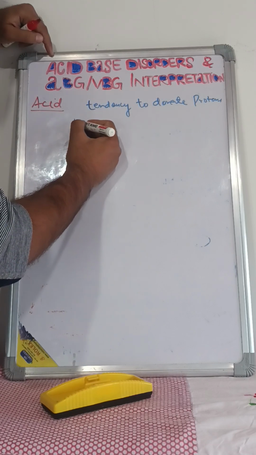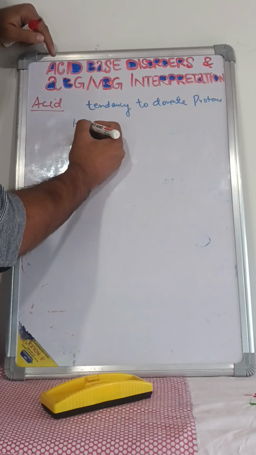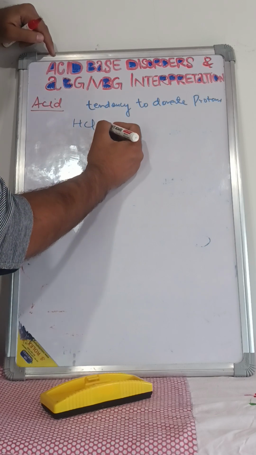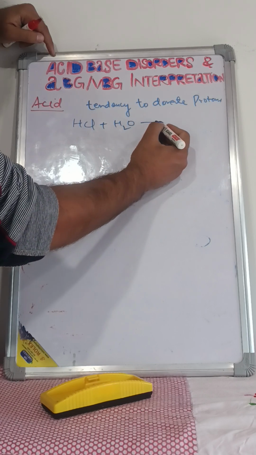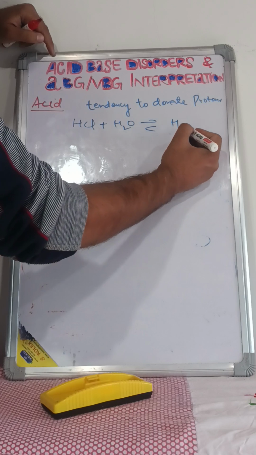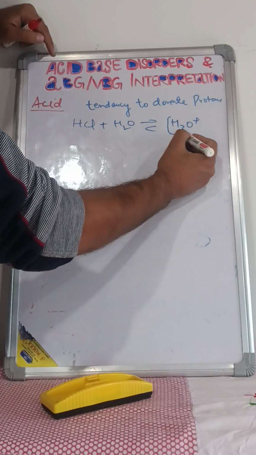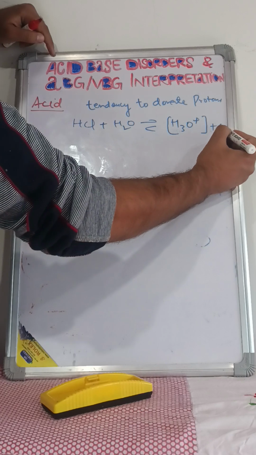For example, I am going to show you HCl plus H2O. It will give H3O positive, this is hydronium ion, plus Cl negative.